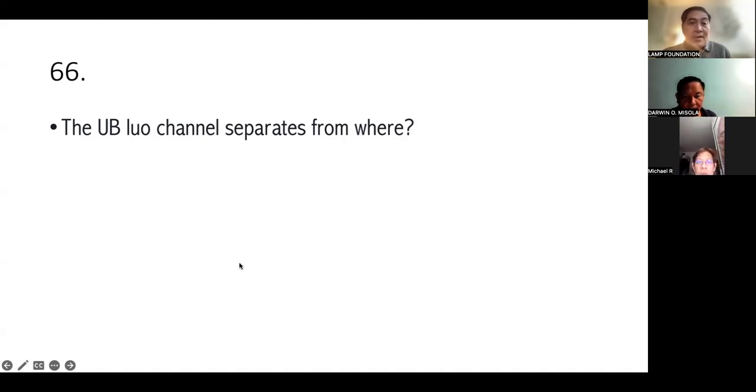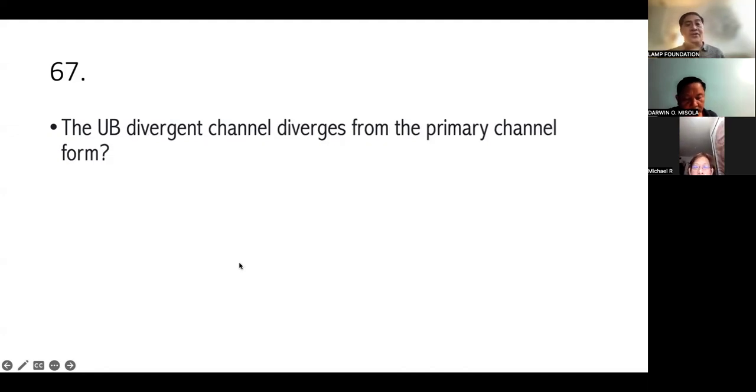The UB divergent channel diverges from the primary channel from the popliteal fossa and ascends to a point. At that point, how many tsun inferior to the sacrum? 5 tsun. 5 tsun. Very good.